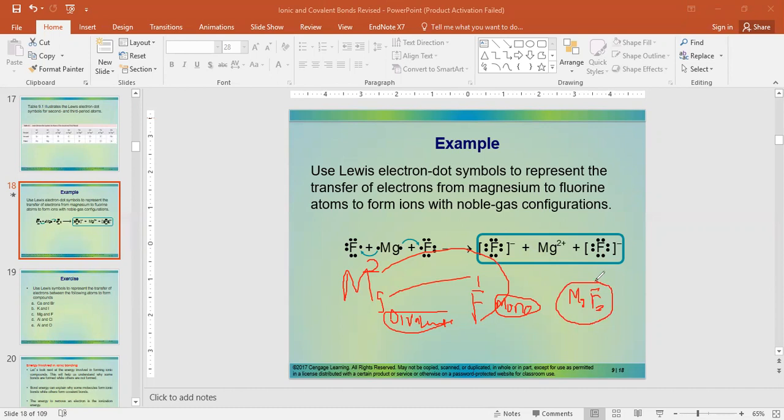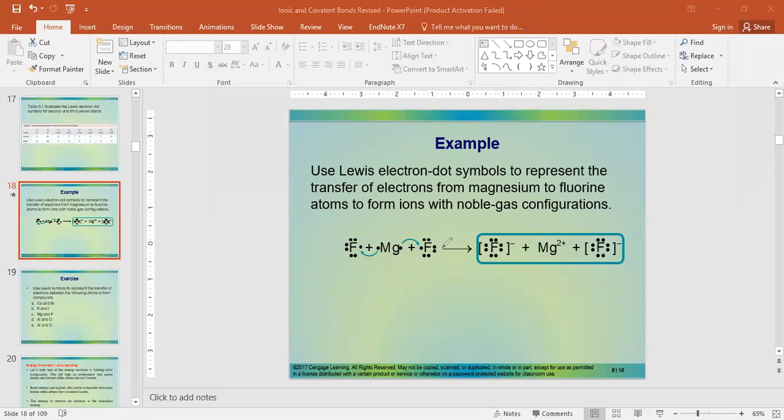Now that can be illustrated very well when you actually follow the movement of electrons. And how do we follow the movement of electrons? We have said that this magnesium here is ready to lose 2 electrons. And the 2 electrons to be lost are this electron here and that electron here. Now, a fluorine is ready to accept 1 electron.